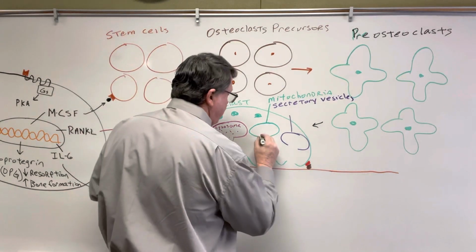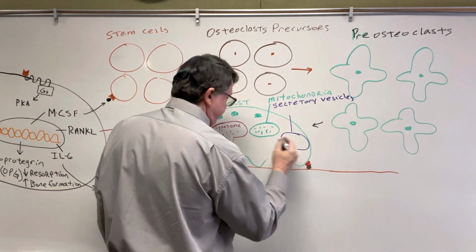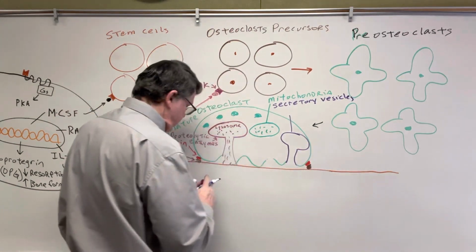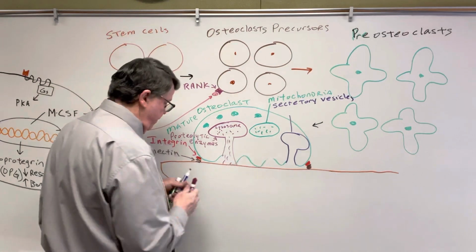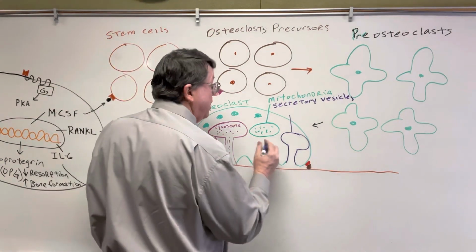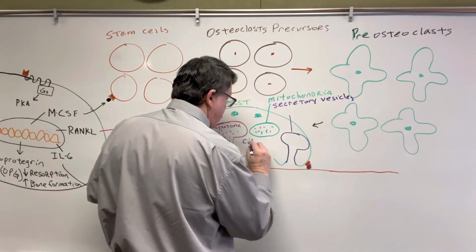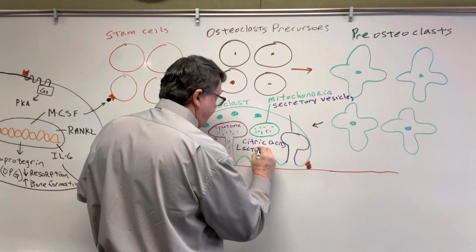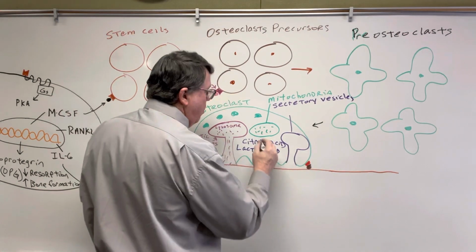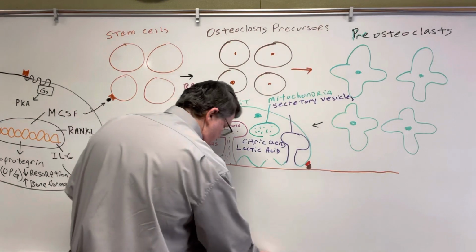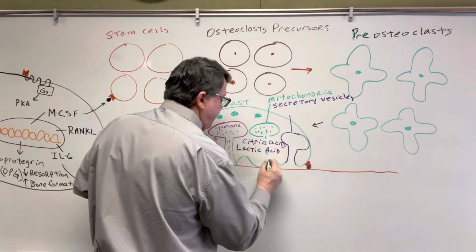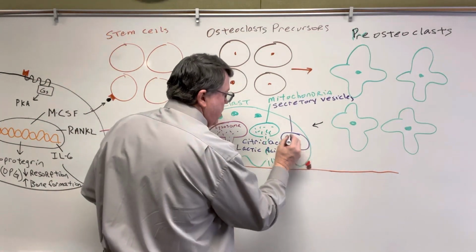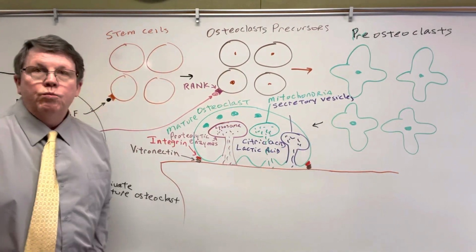The mitochondria is just going to secrete some acids. So this is going to fuse. This is going to secrete acids. What these two are going to secrete is citric acid, and they're going to secrete lactic acid. And so when these bind, these acids are going to come, and they are also going to start breaking down the bone.